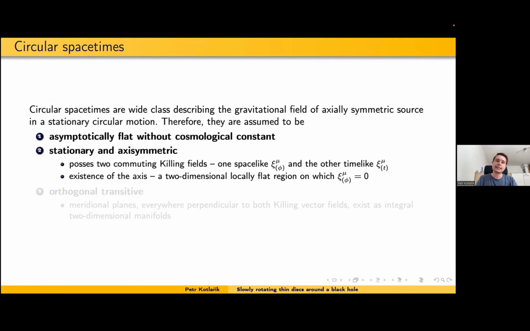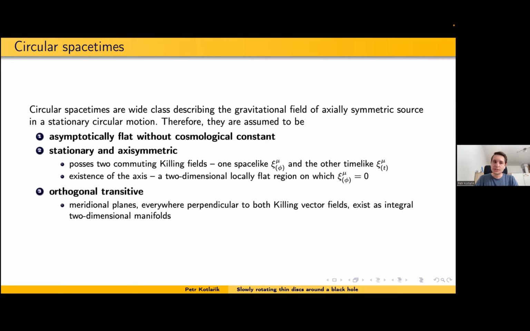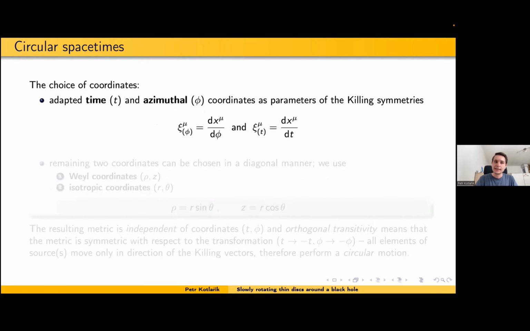That means there exist two Killing vector fields, one space-like and the other time-like, and there is an axis of symmetry, which is locally flat, and the space-like Killing vector field should be zero there. Circular spacetimes are also orthogonally transitive, which means that the planes perpendicular to the Killing vector fields are integrable manifolds.